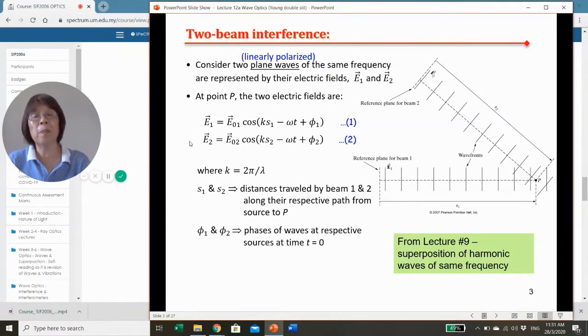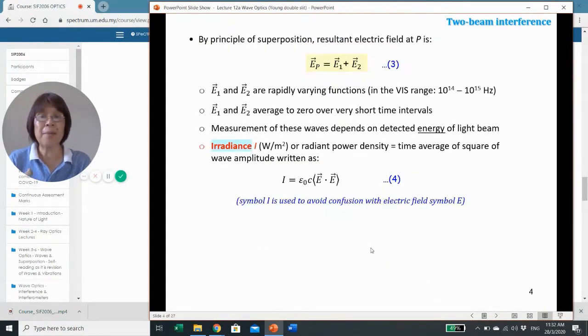For wave 2, it is E02, the amplitude, cosine of (k s2 minus omega t plus its initial phase), with the same frequency and the same propagation constant, where k is equal to 2 pi over lambda. By the principle of superposition, the resultant electric field at point P is just the linear sum of the individual waves, E1 and E2.